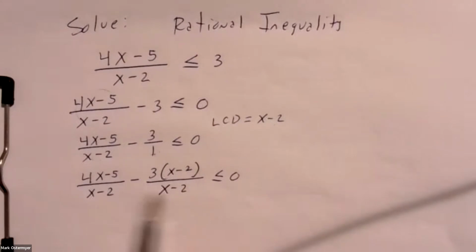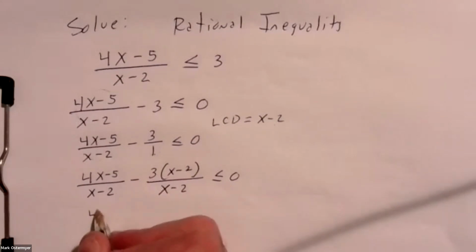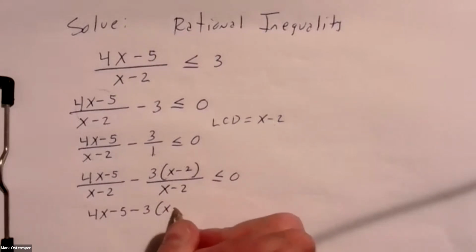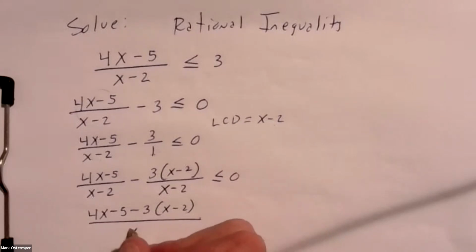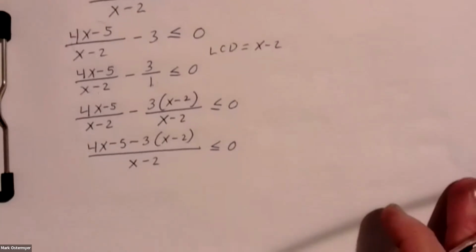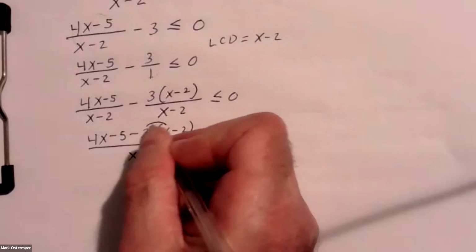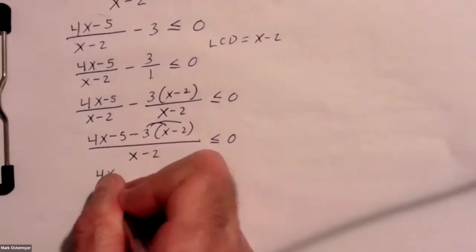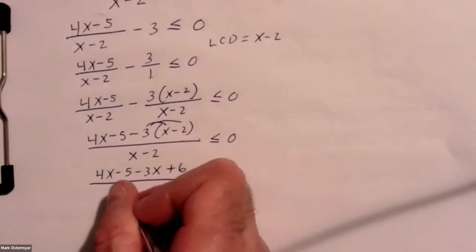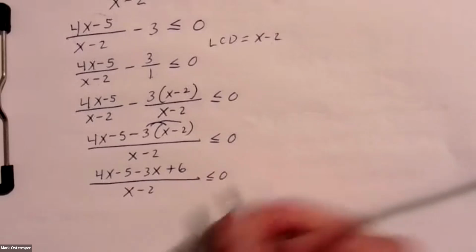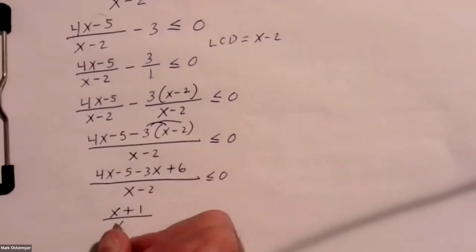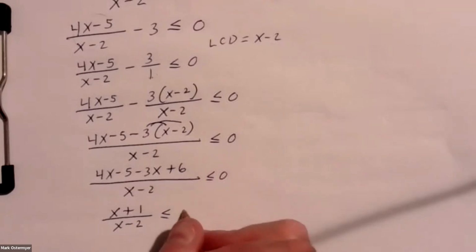So now both of these have the same denominator, in which case I can put them together as one fraction, and then I can simplify my numerator, distributing -3 in here. Combining like terms in the numerator, I get x plus 1 over x minus 2 is less than or equal to 0.